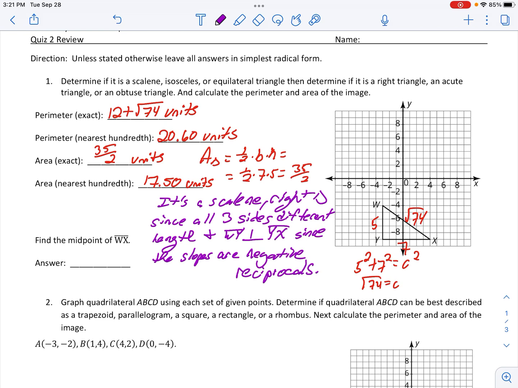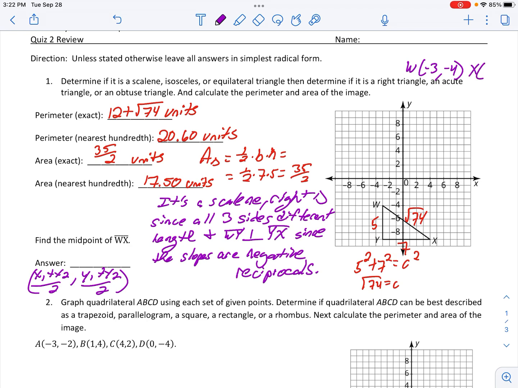Yep. And then the midpoint of WX right here. That is where we take x1 plus x2 divided by 2 and y1 plus y2 divided by 2. So W is located right there at, I'll put W up here since I don't have a lot of room. W is located at -3, -4.